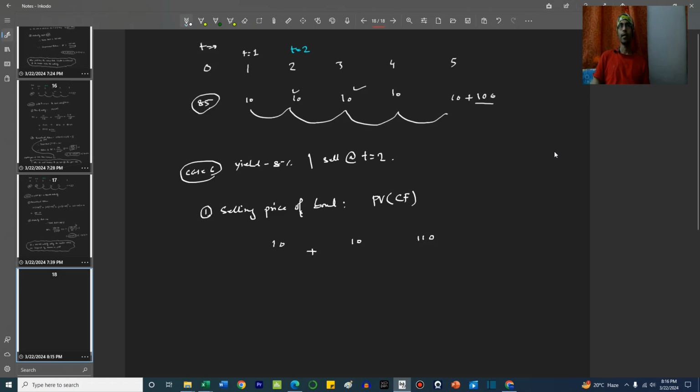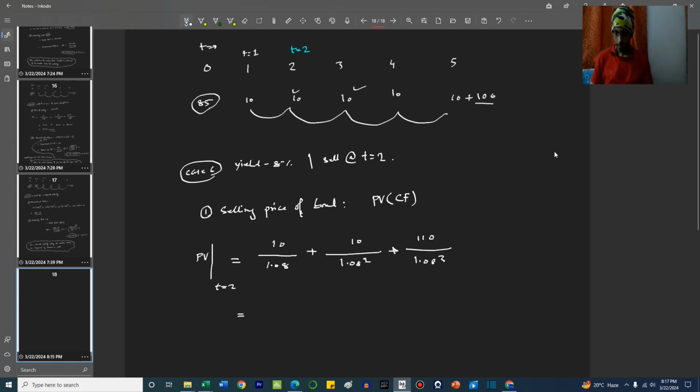So we just discount them to the present value, or the t is equal to 2. So this is 1.08, this is 1.08 squared, this is 1.08 cube and the sum of this is the present value at t is equal to 2.